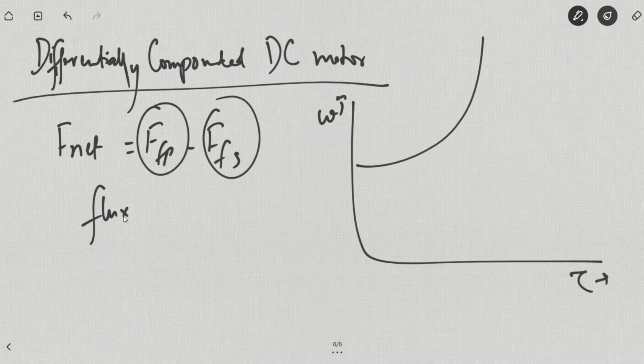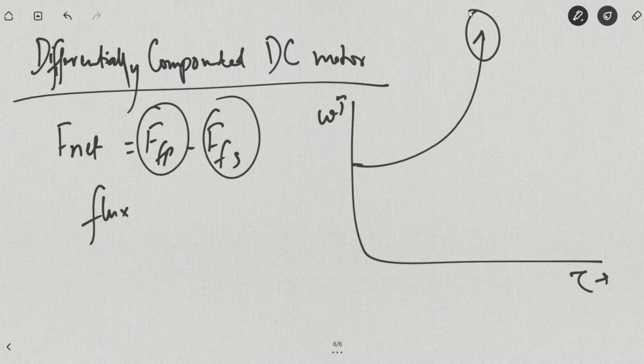It will actually try to make this net magnetomotive force zero or even negative at times. So this machine will overspeed drastically, and this type of characteristics will be available to us in case of a differentially compounded DC motor.